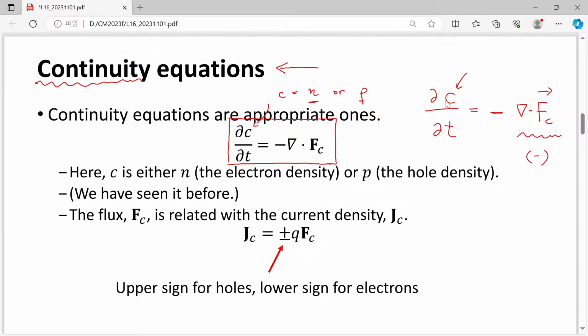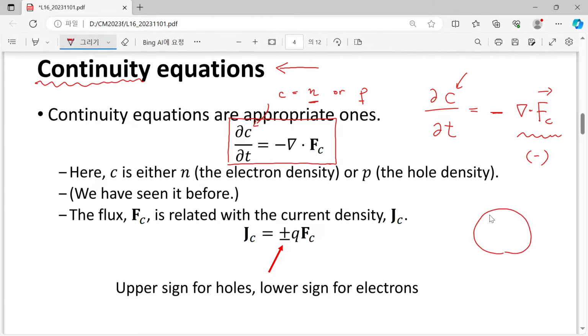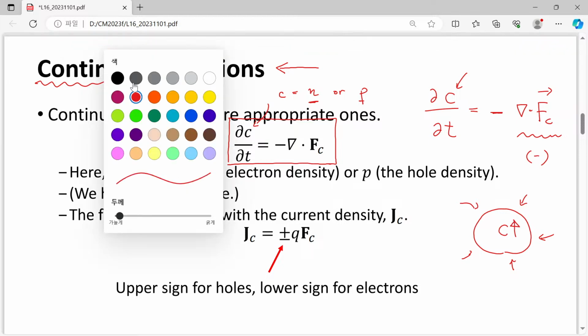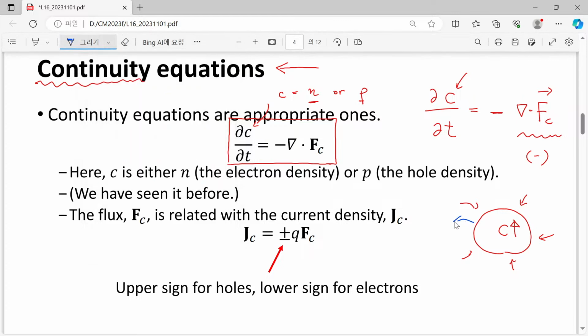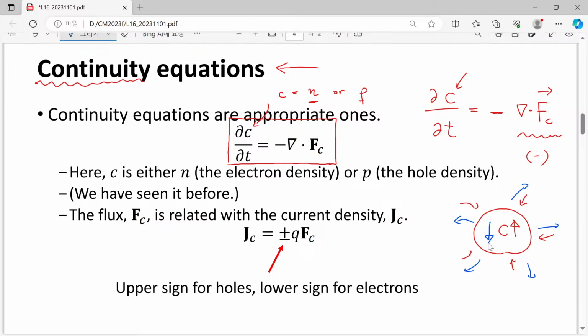Maybe you remember that we have discussed this kind of concept already in our process simulation part. That is once again given here. Now we consider a certain area, and if there is net incoming flux, then C will be increased. On the other hand, if we have net outgoing flux, then it is obvious that we will have a reduction of our carrier density.